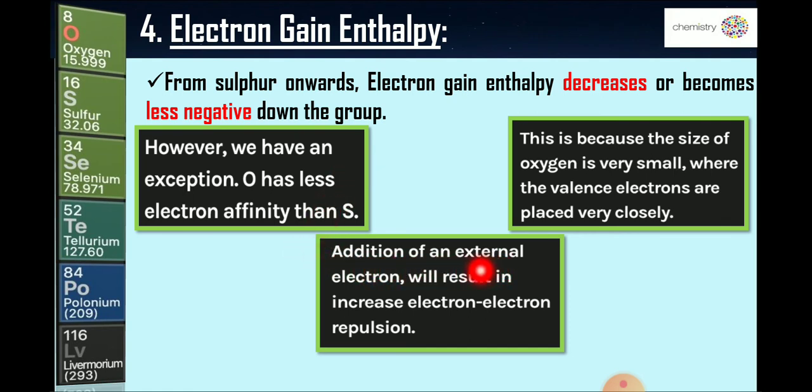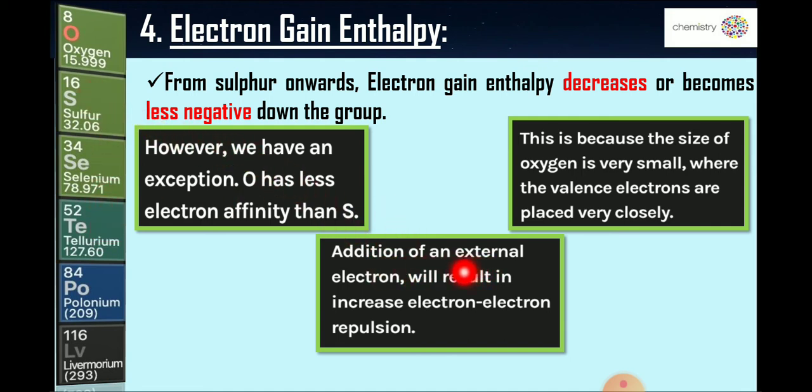To add an external electron will result in an increase in electron-electron repulsion. First of all, the oxygen atom is small, with smaller 2p orbitals. Electrons are placed very close to one another. If you add an electron, negatively charged electron-electron repulsion will take place. Therefore, the addition of an electron becomes a bit difficult. It's not easy compared to the rest of the elements.